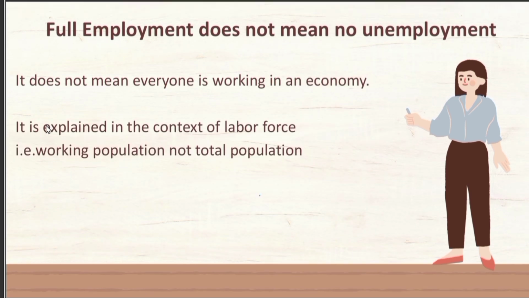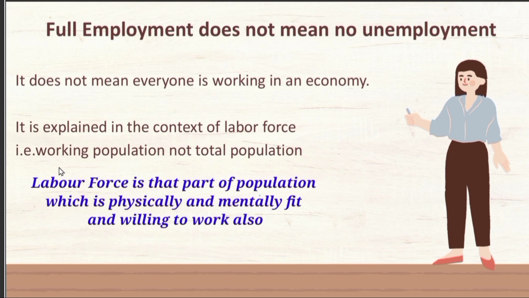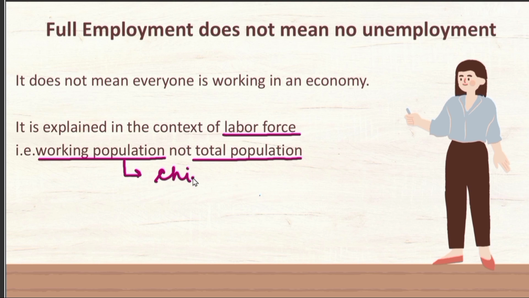Full employment is always explained in the context of labor force, that is in the context of working population, not total population. Here the children and old persons will not be considered as they are not supposed to be employed during full employment.